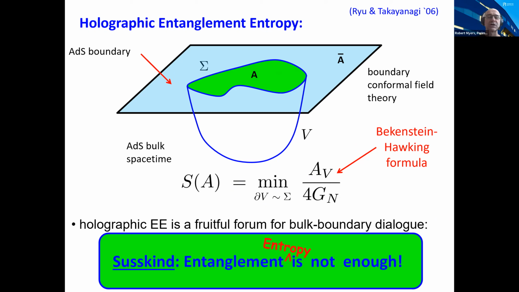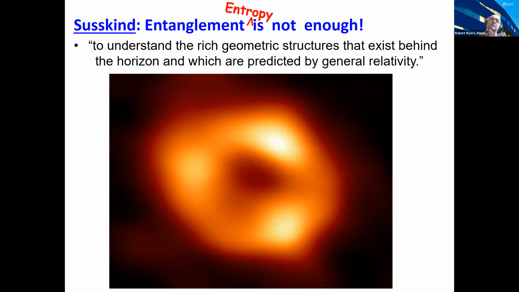But if we looked at it more carefully, he really meant that entanglement entropy is not enough. What he was pointing out is that that's really one measure of quantum entanglement, and that there are many measures. And in particular, he was interested in using these measures to understand what's going on inside of a black hole.